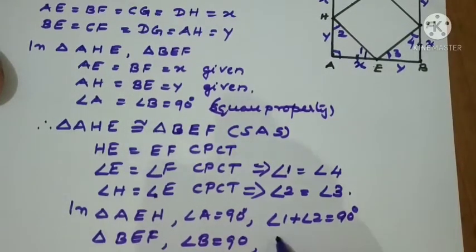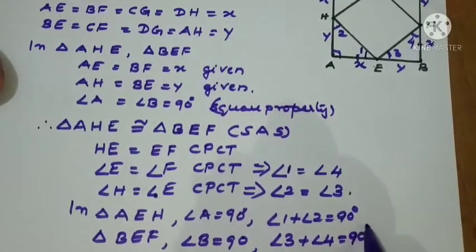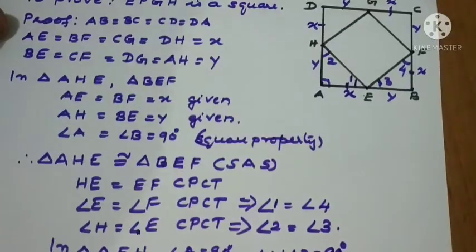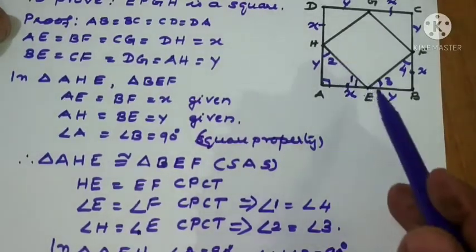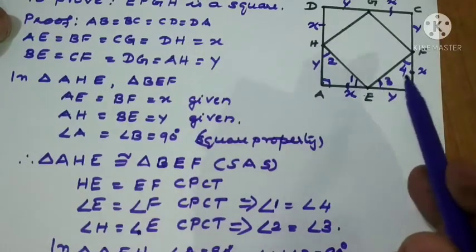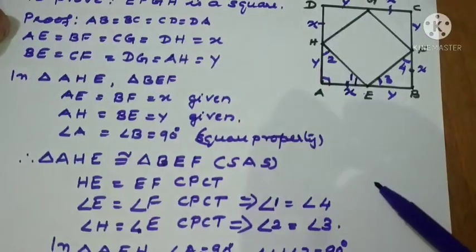The remaining angles, angle 3 plus 4 equal to 90 degrees. Let us see the diagram. It is required. We have written that angle 1 plus 2 equal to 90, 3 plus 4 equal to 90. That means angle 1 plus 2 plus 3 plus 4, if we take all together, it is 180 degrees only.